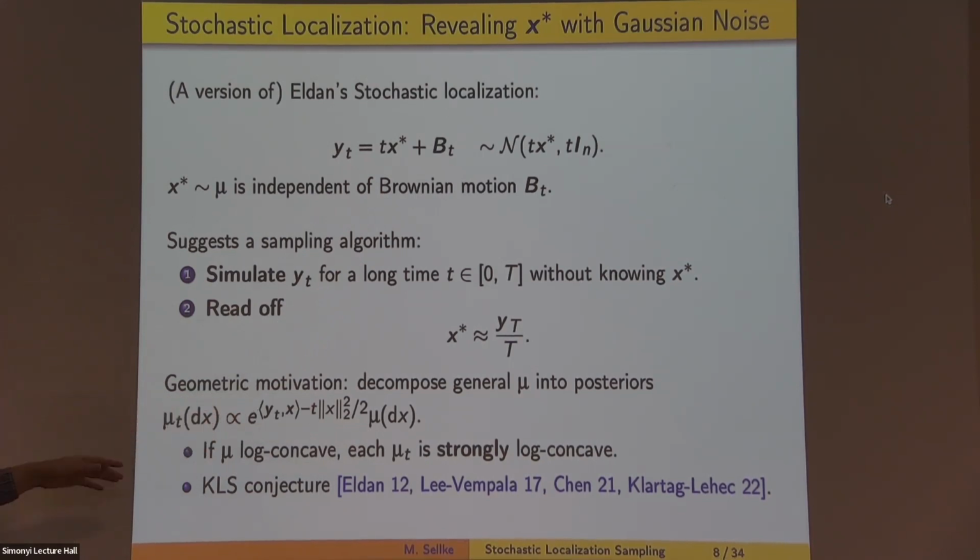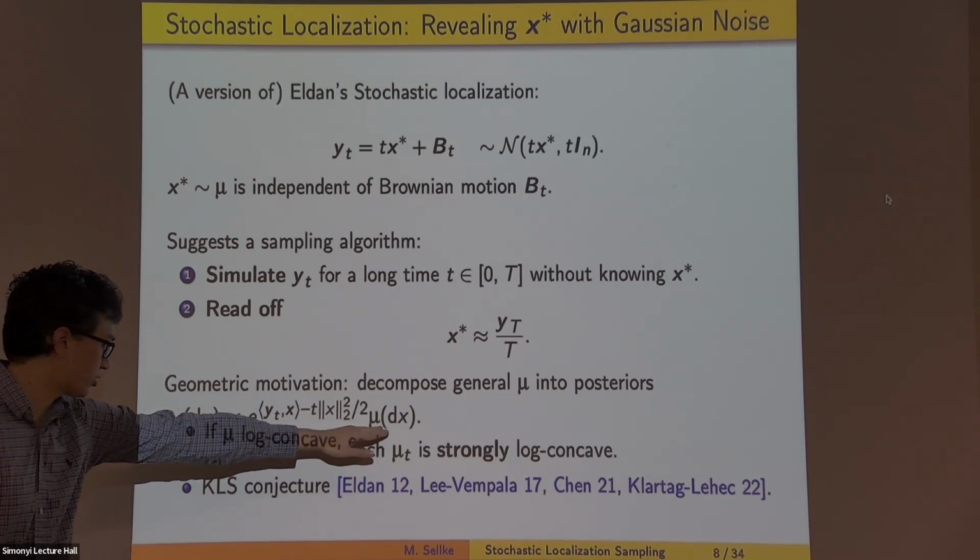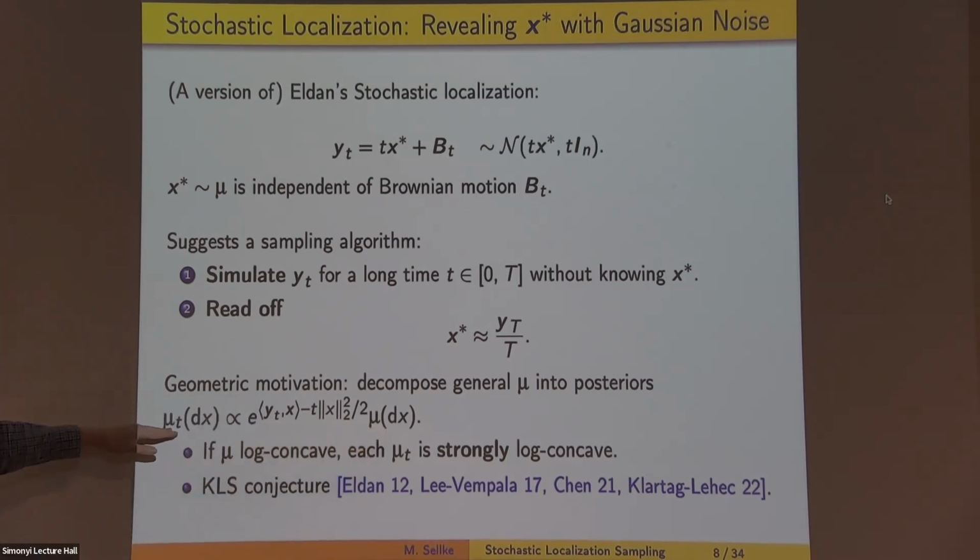Like I learned something about it. And so I get some new distribution mu t. Mu t will localize. So you have a martingale on probability measures. It'll start at mu. It'll eventually localize around a single point. It'll kind of become more log concave over time if it starts log concave.